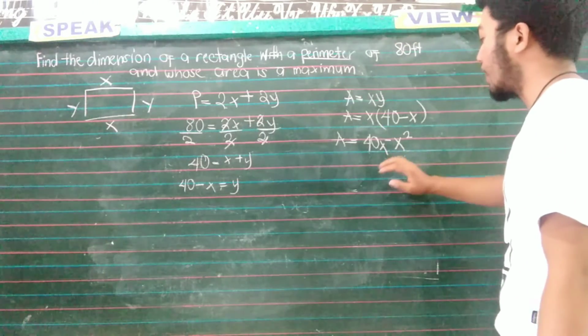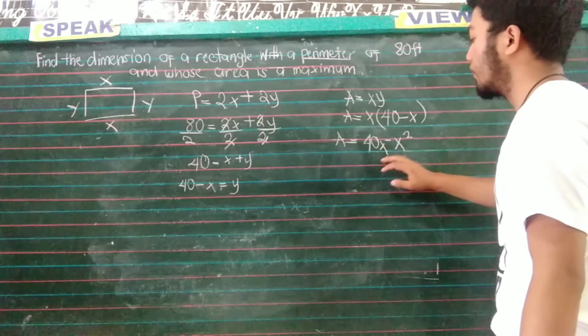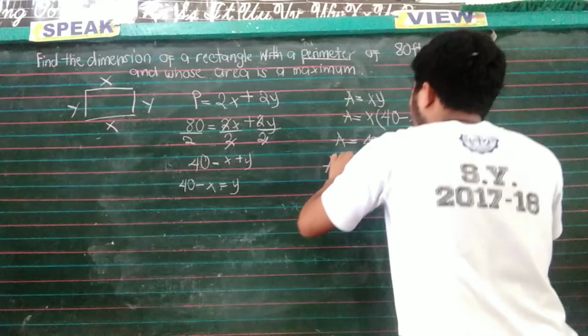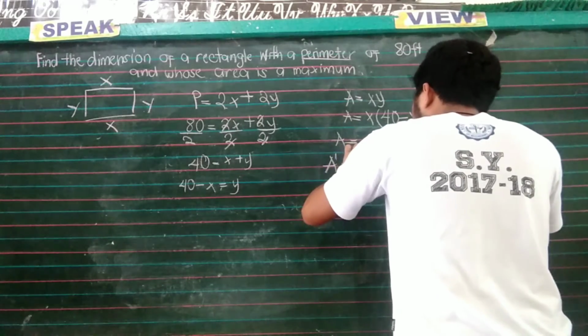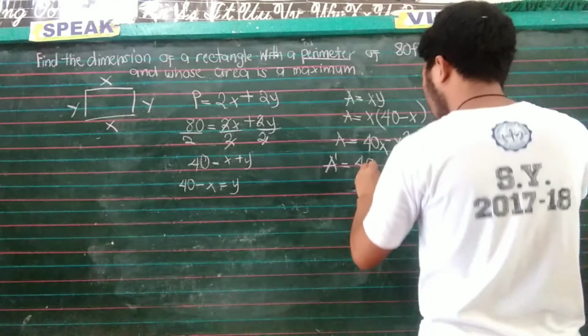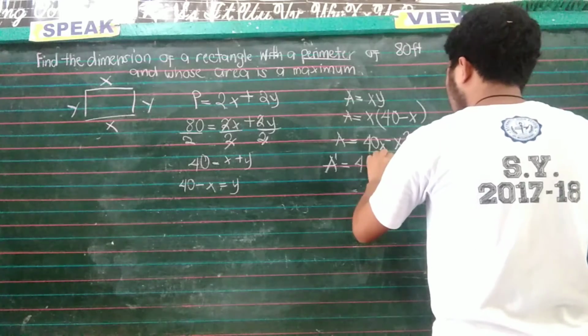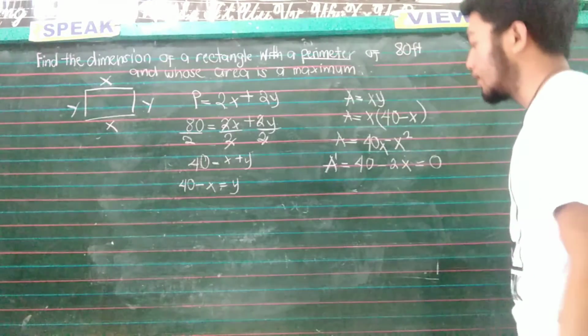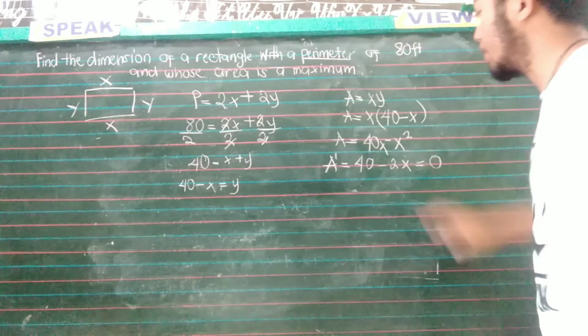We need to find the first derivative for this equation. To get the first derivative, we have here 40 minus 2x is equal to 0. This is now the derivative of this equation.